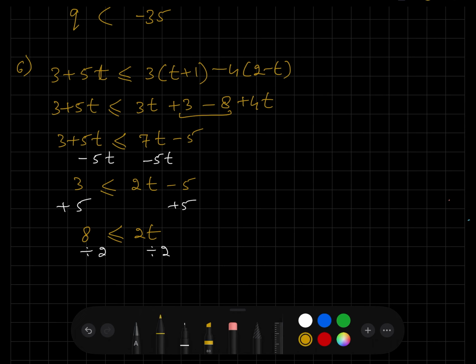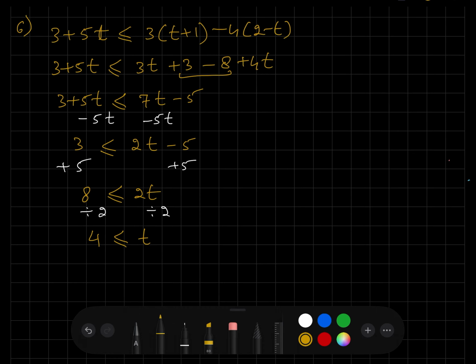I'm left with 8 divided by 2 is 4, less than or equal to t. So this is how we solve a multi-step inequality. Very easy. If we keep writing step by step, it's very easy to reach our goal. So t is greater than or equal to 4.